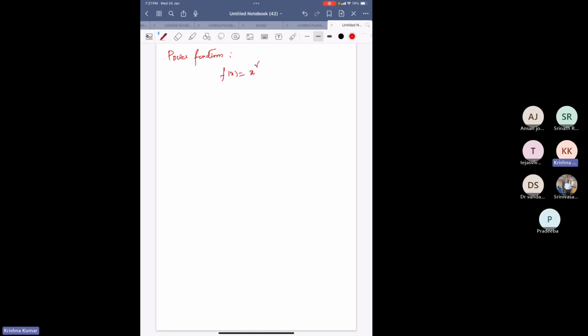On one axis, I have x, and on the other, I have y, that is, the function of x. Now I'm going to take various values of r. If I take r equal to 0, how would this look like?